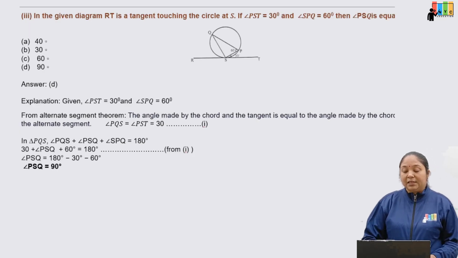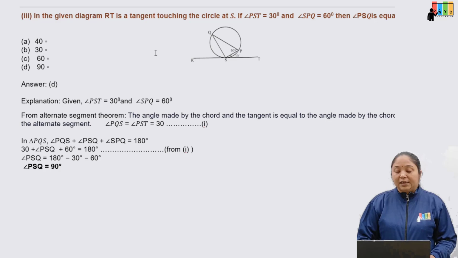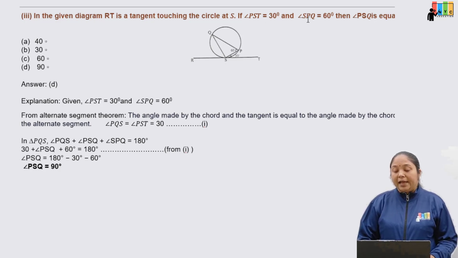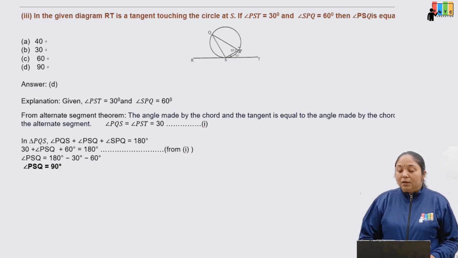Third question we'll see. This is from geometry, circle tangent. In the given diagram, RT is a tangent touching the circle at point S. If angle PST is 30 degrees and angle SPQ is 60 degrees, then angle PSQ is equal to what?